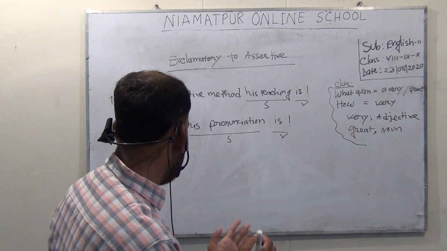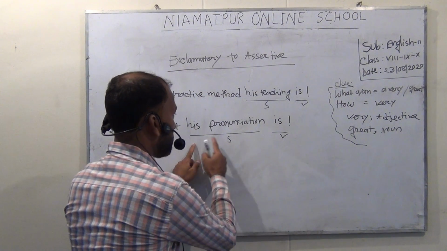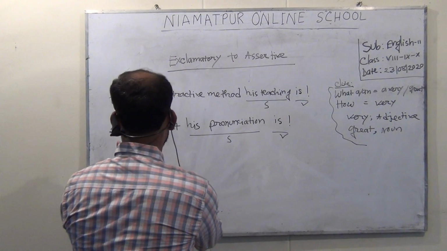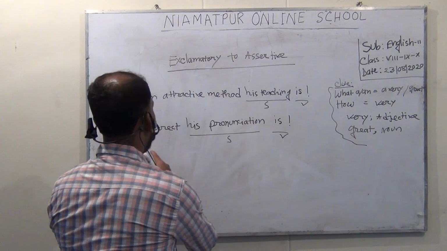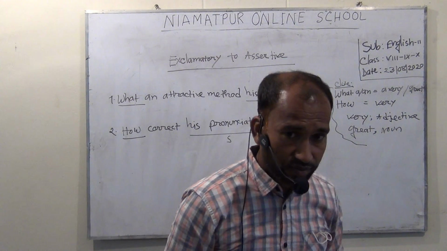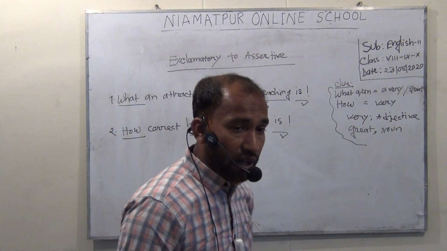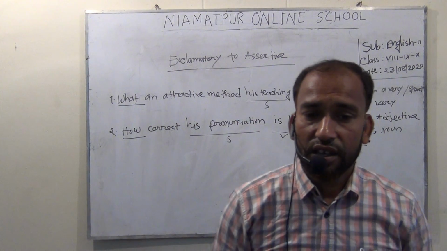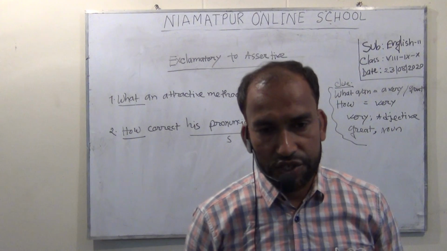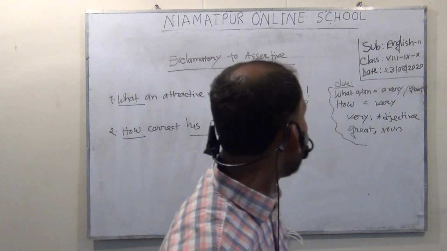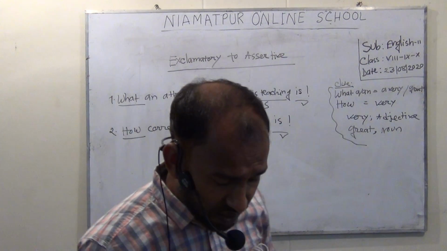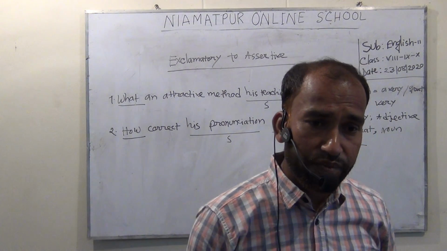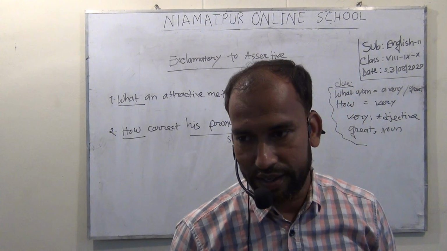When we say in this way, his pronunciation is very correct. So, an assertive sentence makes any kind of statement and an exclamatory sentence expresses any kind of strong feeling of mind.